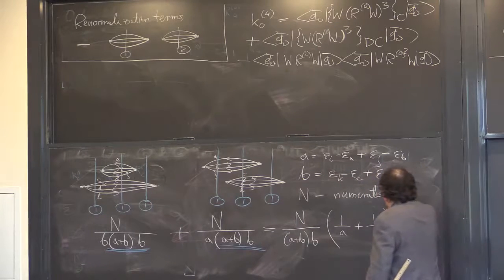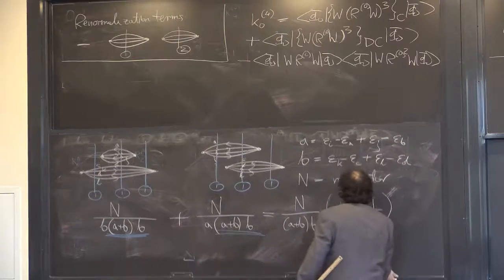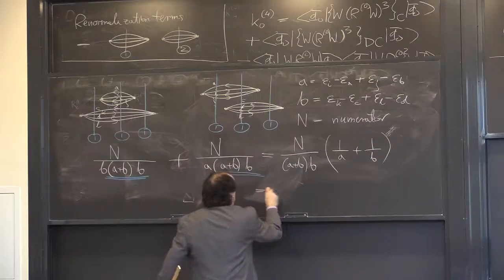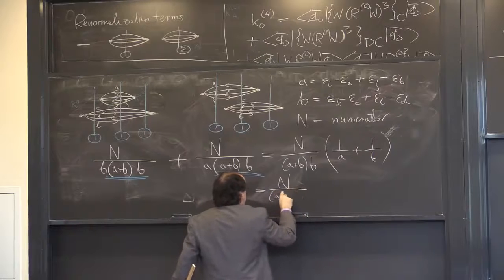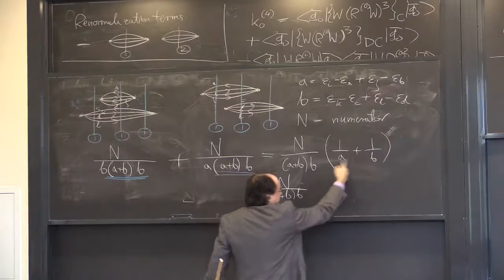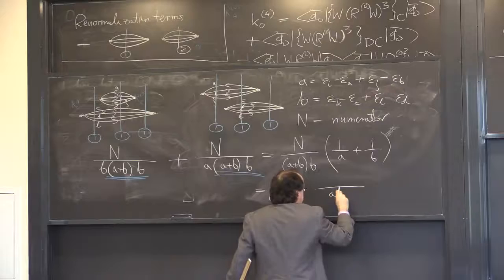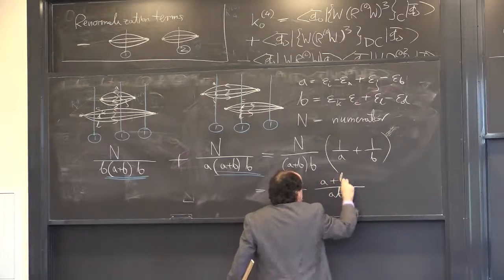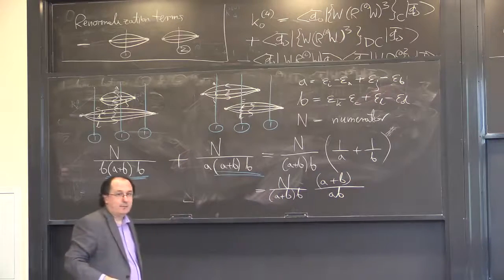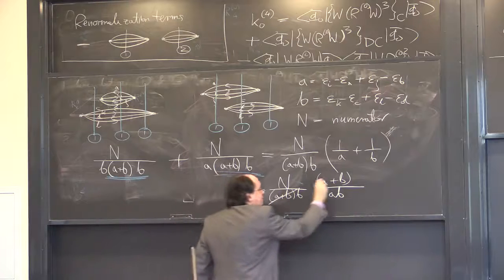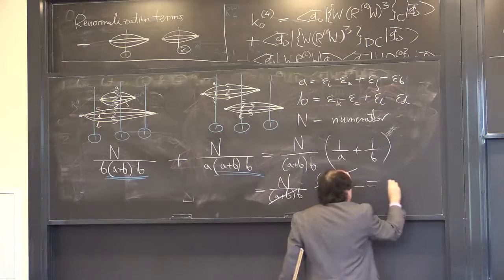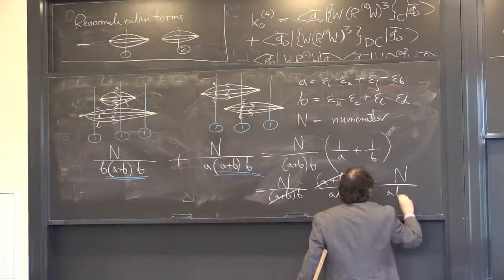Well, if I continue here, this is N over A plus B times B. If I find the common denominator, which is AB, in the numerator I'll have A plus B. But you see, A plus B cancel out, and I end up with N over AB squared.